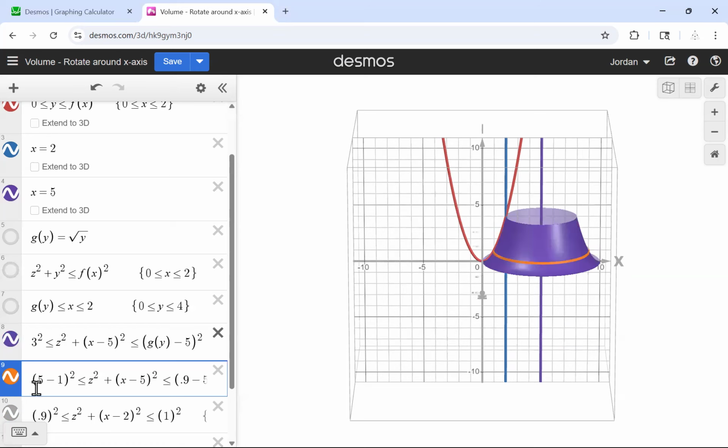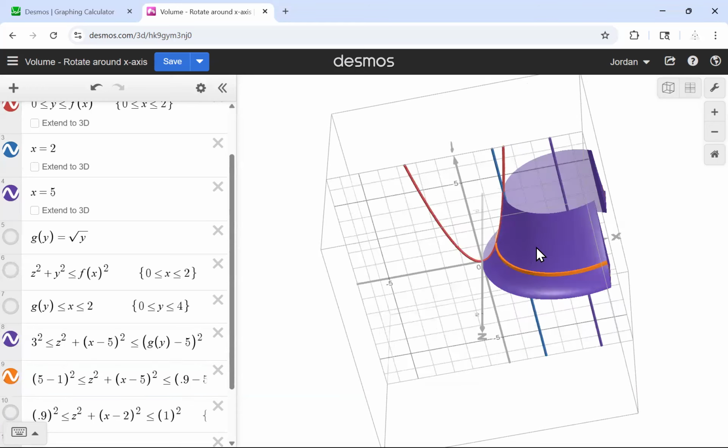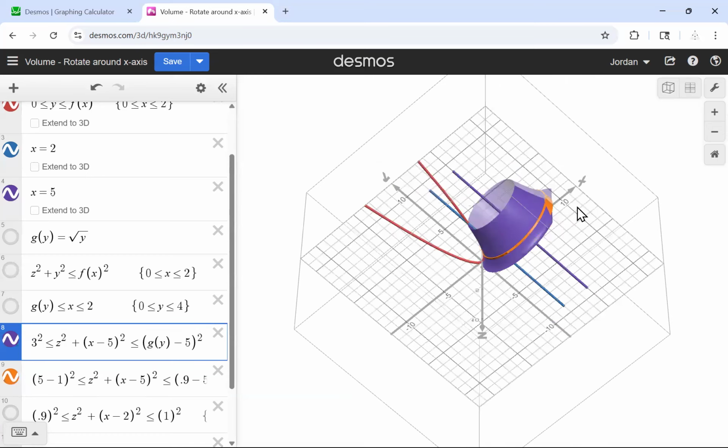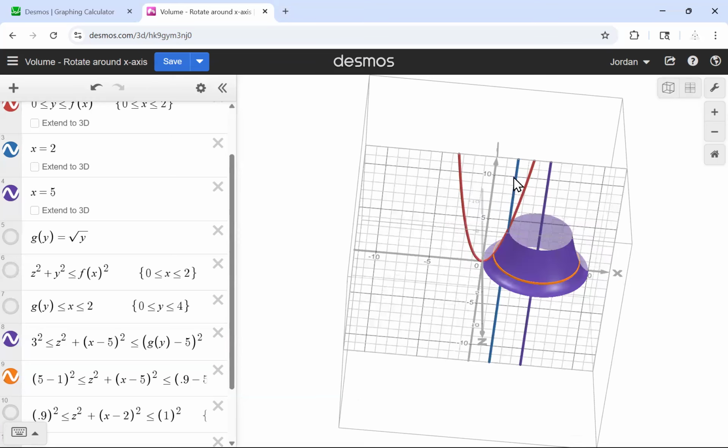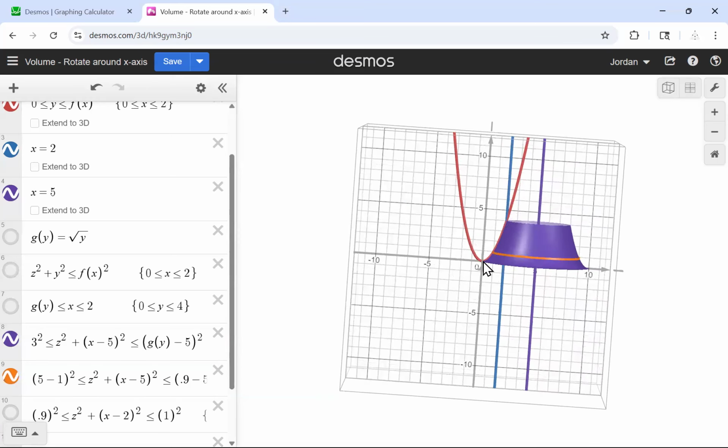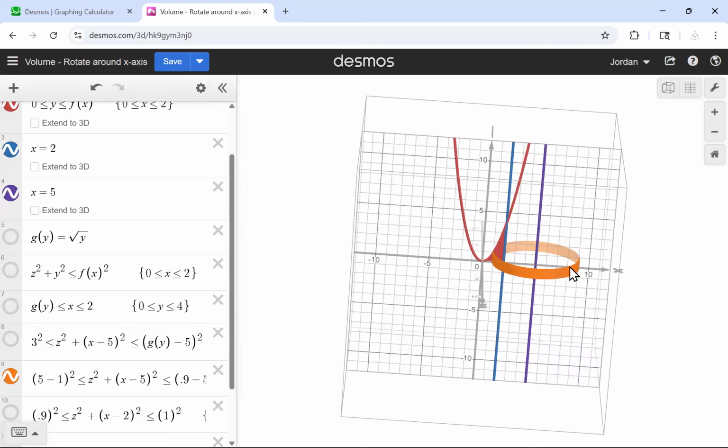By the way, the figure that I'm getting is going to be this one in purple. It's going to have a big hole in the center. But you can see how this region in 2 dimensions has been revolved around the line x equals 5. And that little orange strip is just one of many shells I use to approximate.